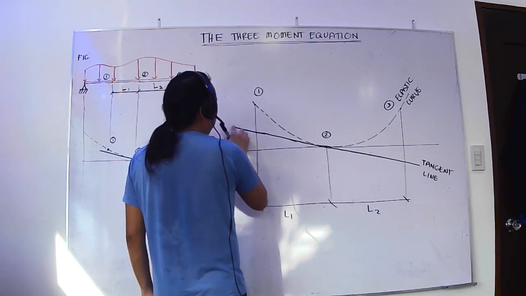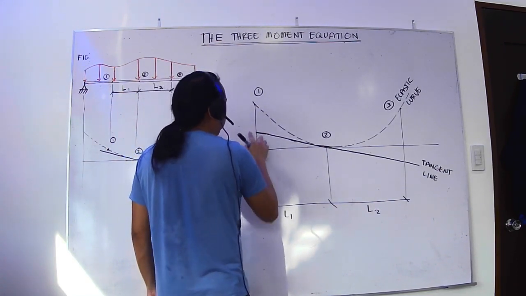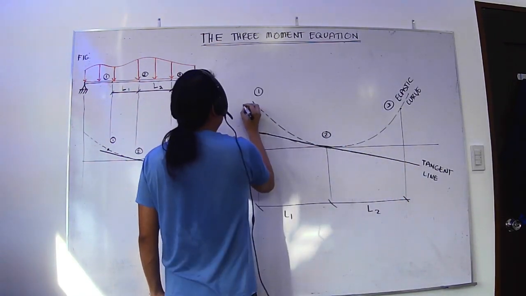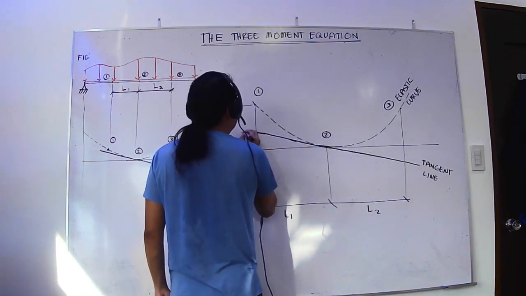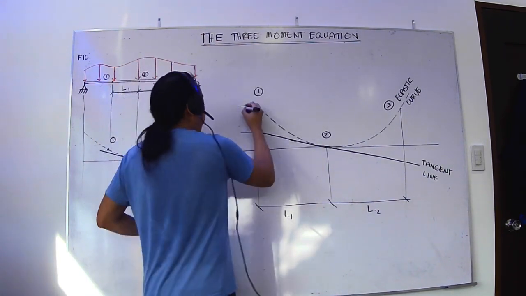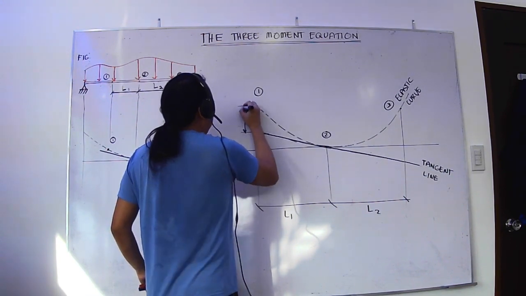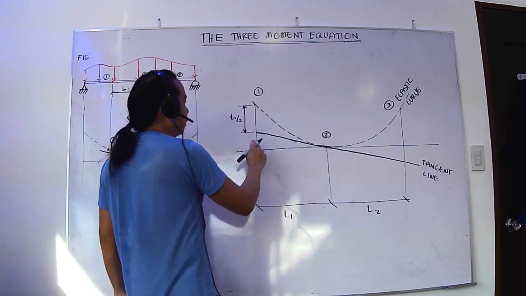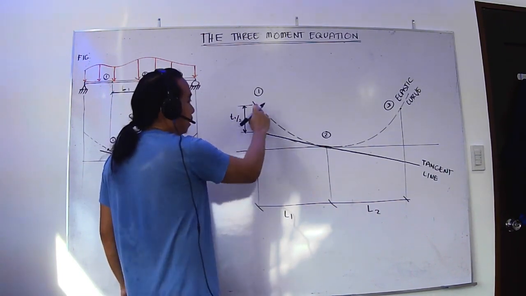This is from our moment area theorems. This is what we call the tangential deviation from point 1 to 2. Tangential deviation 1 to 2. What is a tangential deviation? From the tangent line, this is our elastic curve.